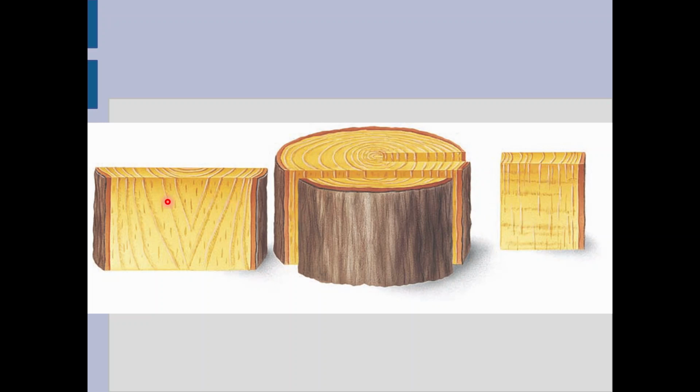On tangential we can see V-like structures, and the radial section actually passes through the center, so it has only straight lines. So this is more valuable than this. When in the production of finishing and materials, the radial section is more valuable.